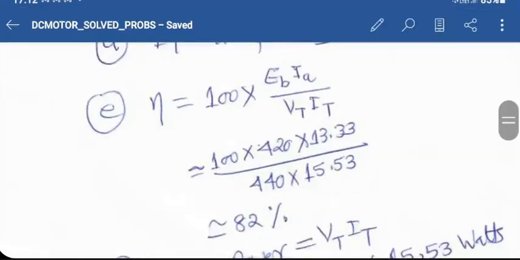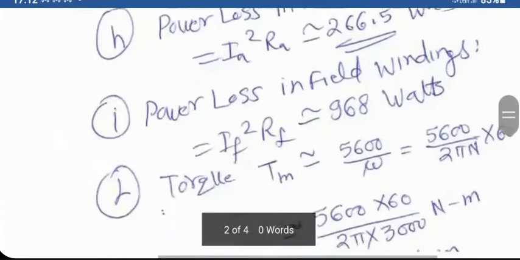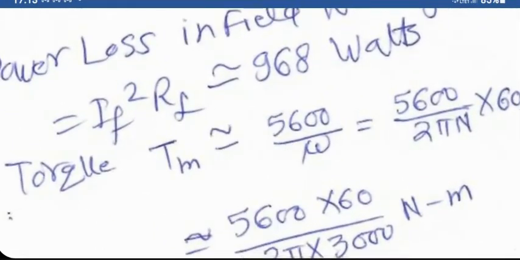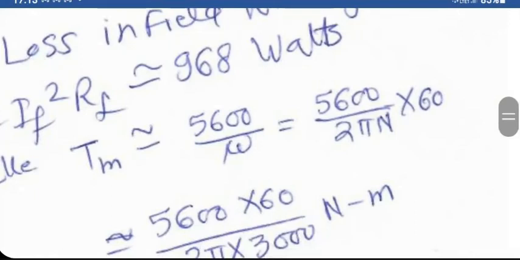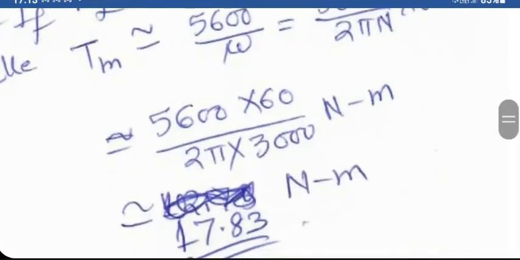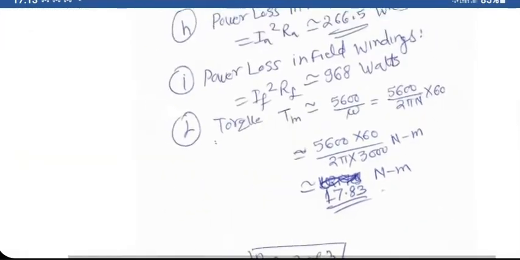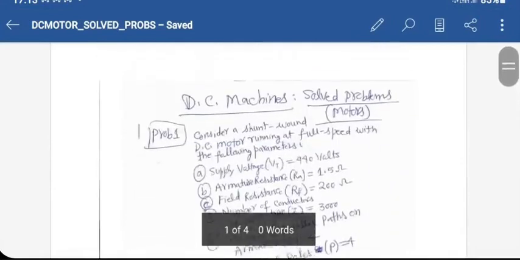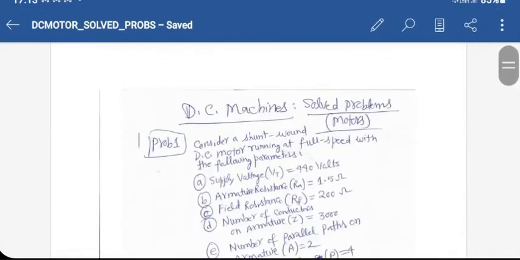I should get the same answer either way, about 82%. And final thing is the torque, which is output power divided by omega. So 5600 divided by omega. Omega is 2 pi N divided by 60. N is 3000. This turns out to be 17.83 Newton meters. This problem is simple, but it essentially helps you in capturing the essence of how the machine operates.